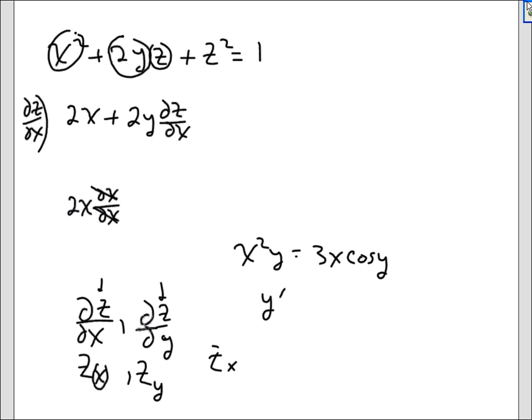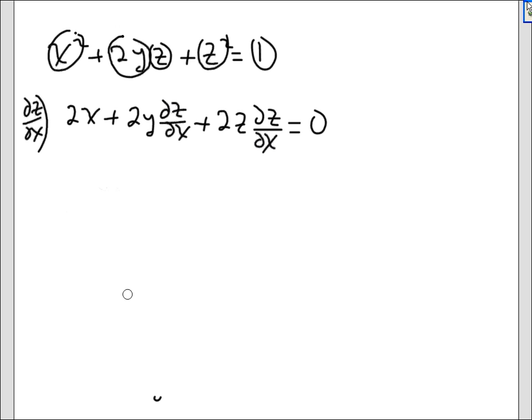Plus the derivative of z squared is 2z times z with respect to x, equals the derivative of a constant, which has always been 0. Okay, let us solve for dz dx.